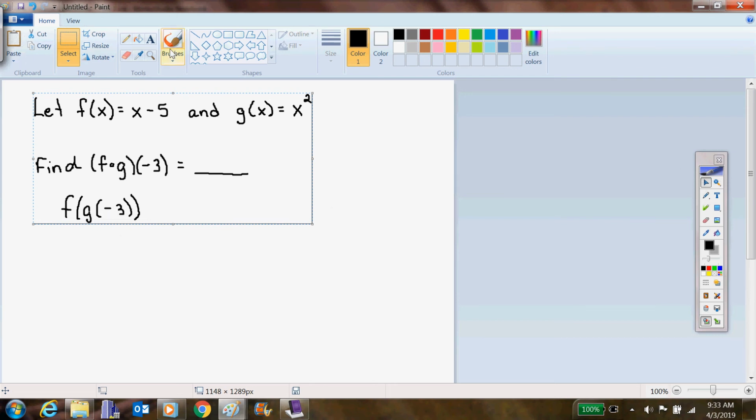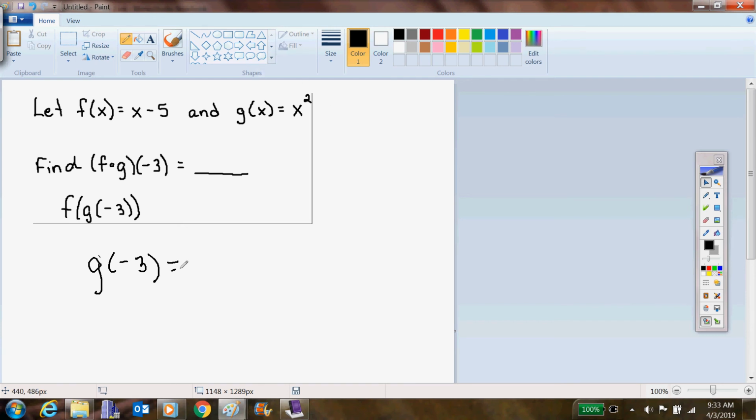I went ahead and rewrote it. So what do you do first for this one? f of x is the same and g of x is the same, but they're in a different order. So what do you think? Good, you plug in the -3 for x in the g function.